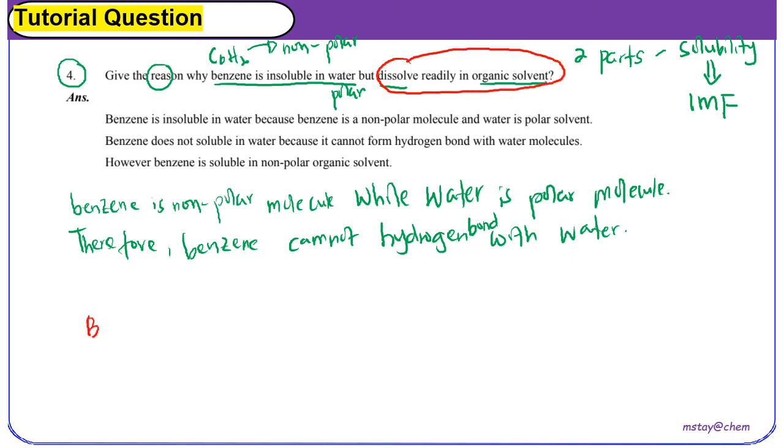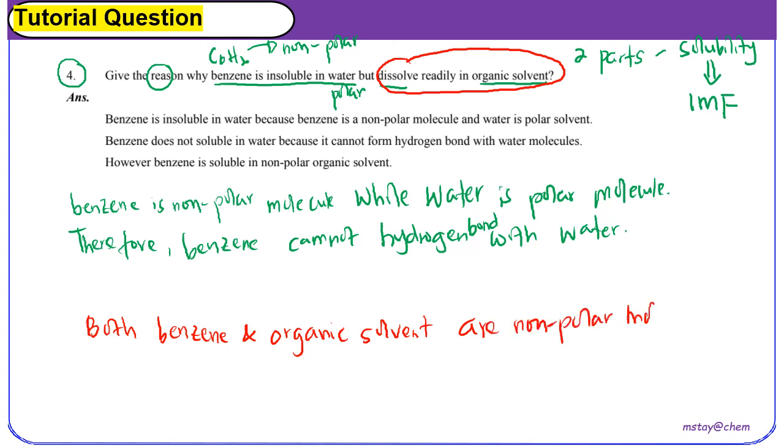Okay, then the second part of the question is dissolves readily in organic solvent. So you can mention both benzene and organic solvent are non-polar molecules.